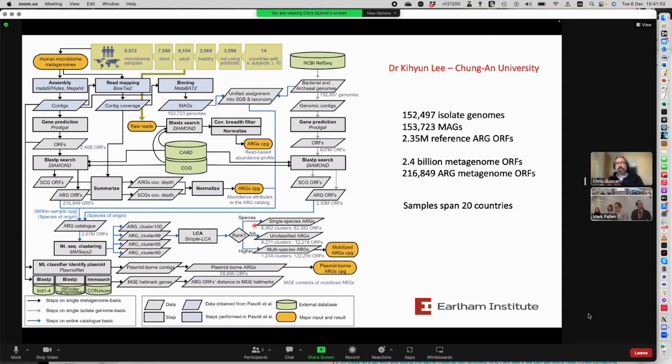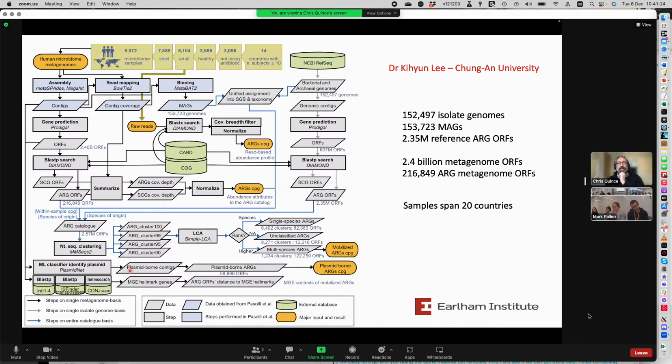So if you have a set of genes which at 99% identity appear in more than one species, which should be around 95% identity, then you can say that gene has been horizontally transmitted very recently. So it's a nice way to detect mobility in the ARGs.